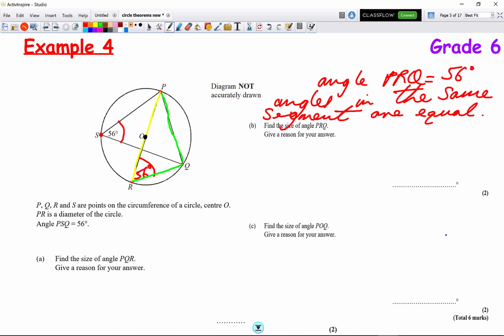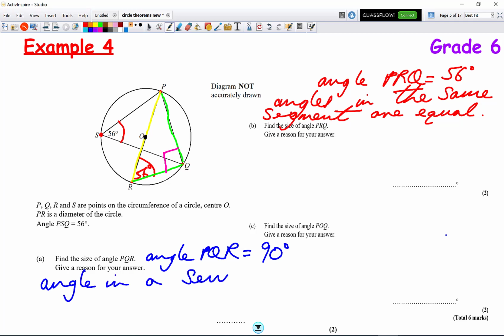The angle opposite the diameter is always going to be 90 degrees. So angle PQR is 90 degrees, and the reason for that is the angle in a semicircle is 90 degrees.